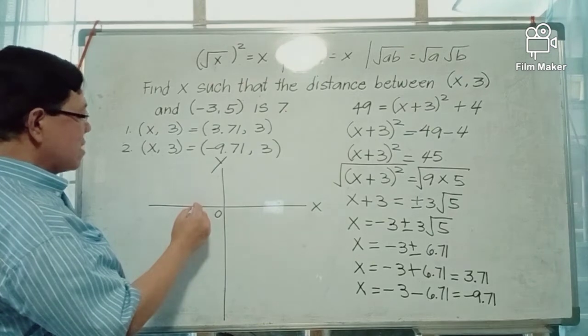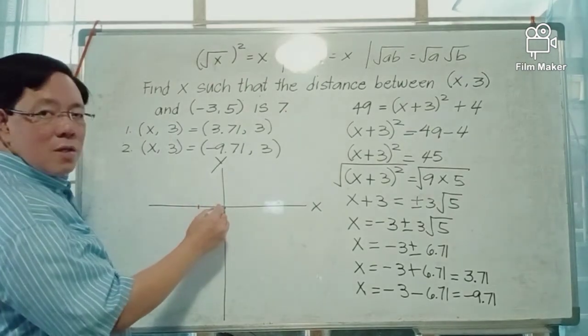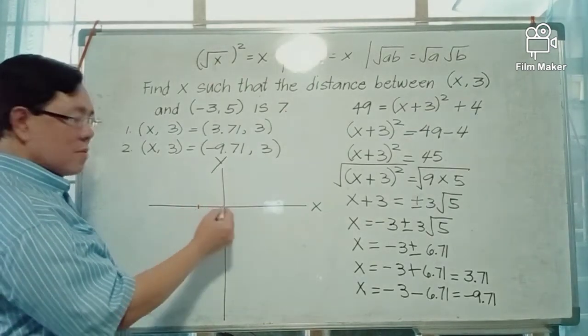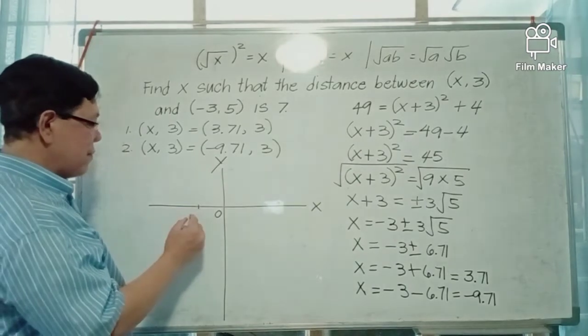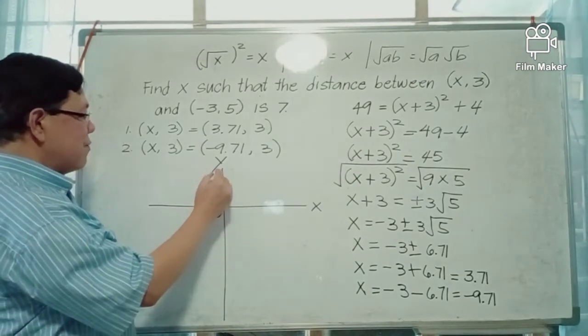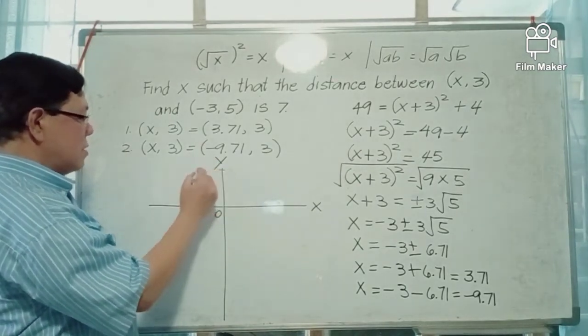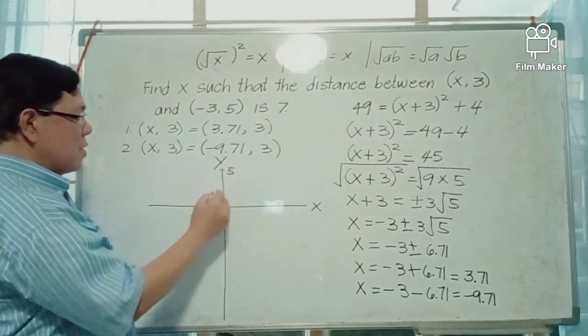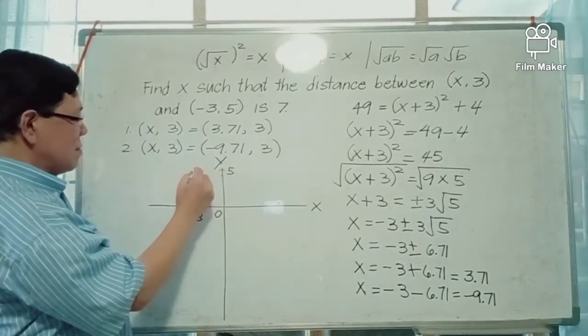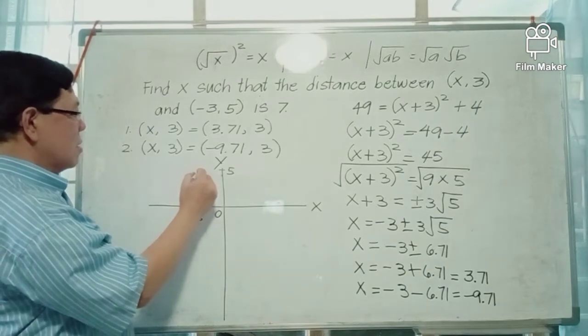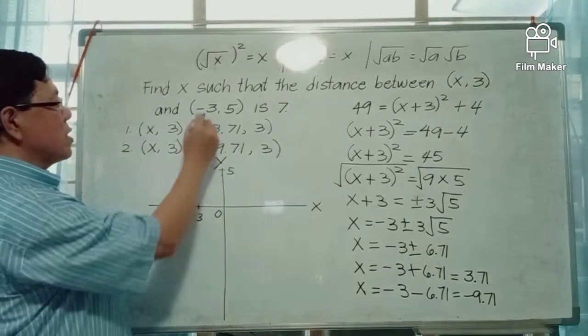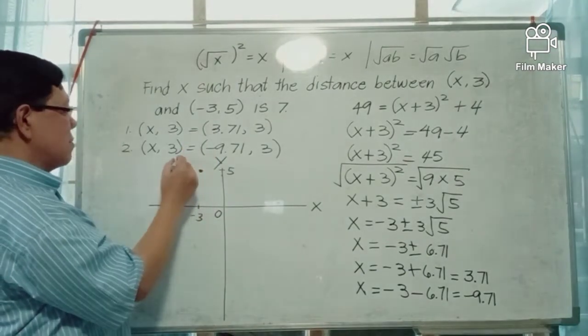We approximate -3 units from the origin going to the left, and 5 units upward. This is the point (-3, 5).